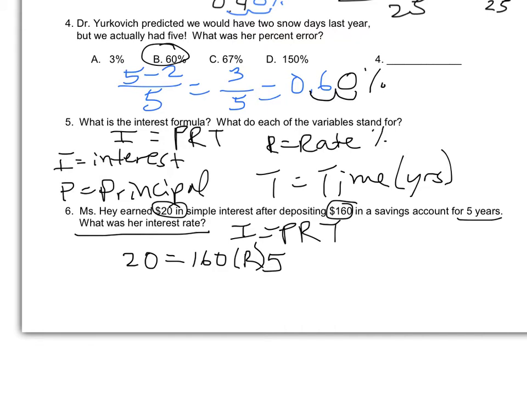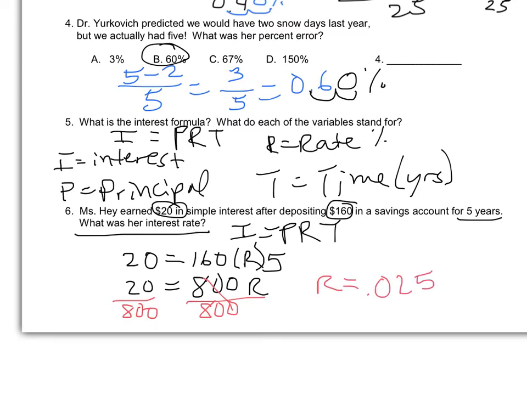We're going to use our calculator and multiply 160 times 5. When you do that, you get 800R equals 20. We want to get R, so we divide both sides by 800. Use your calculator and you get R equals 0.025.